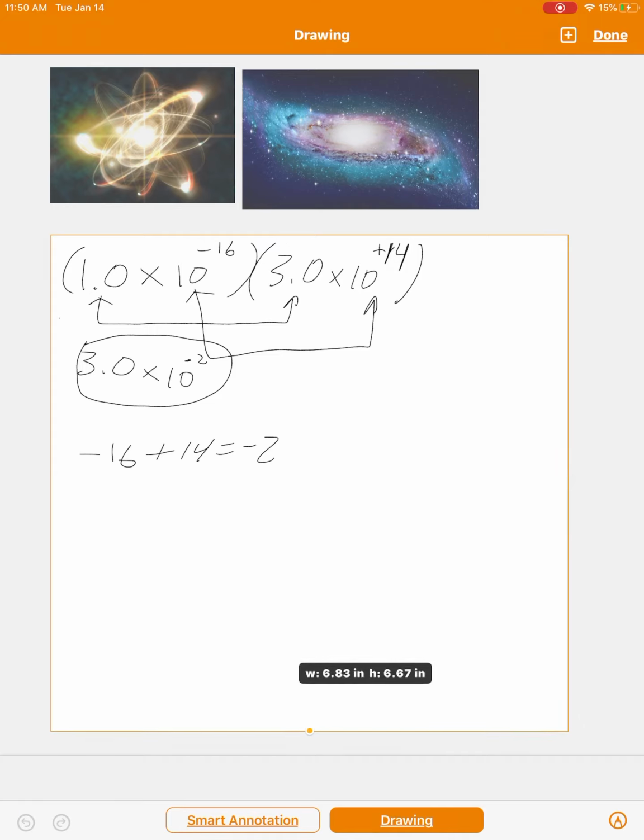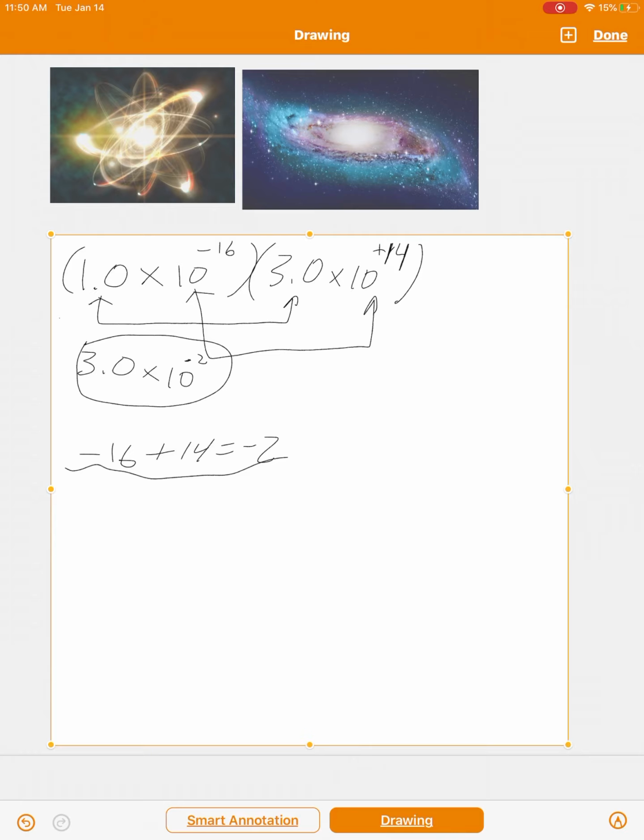Now, let me make this a little bit longer. Let's try another one. Suppose I'm going to do 1.5 times 10 to the minus 23, and I'm going to multiply that by 3.0 times 10 to the minus 16.